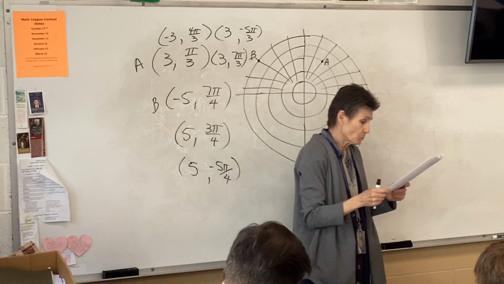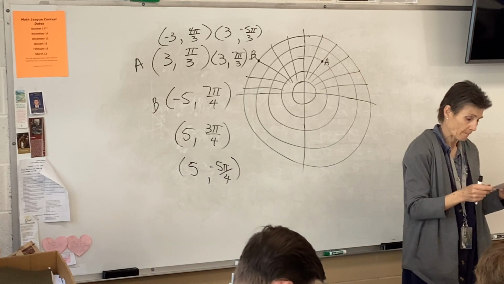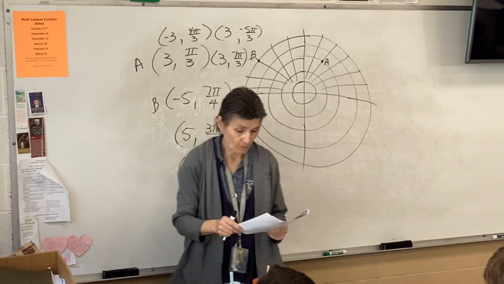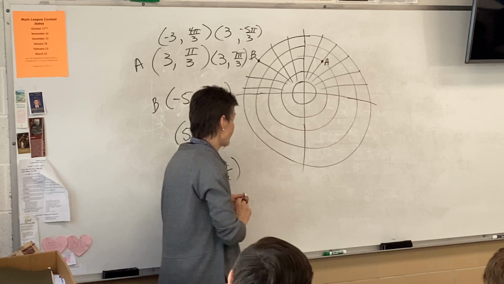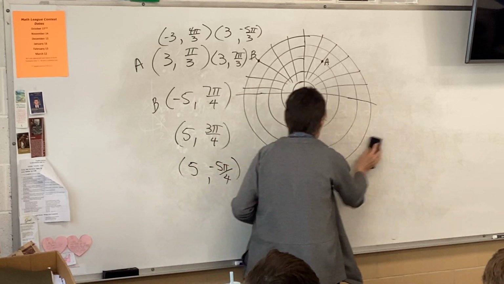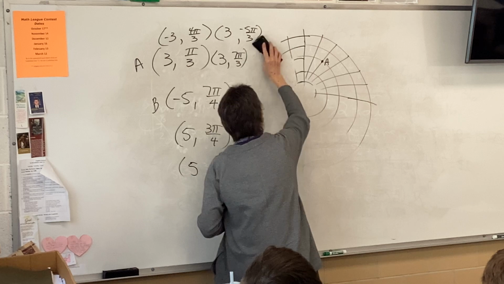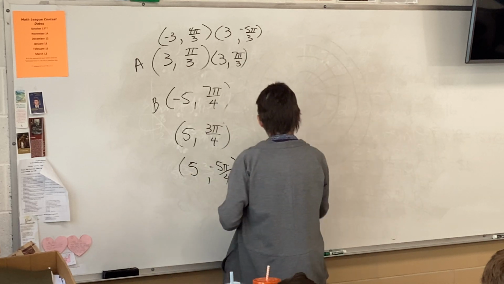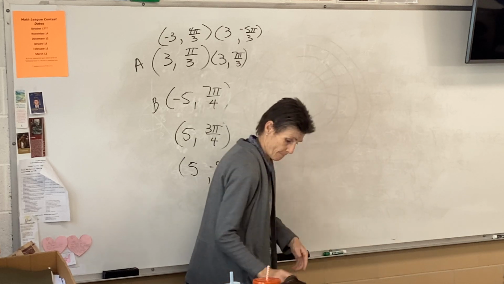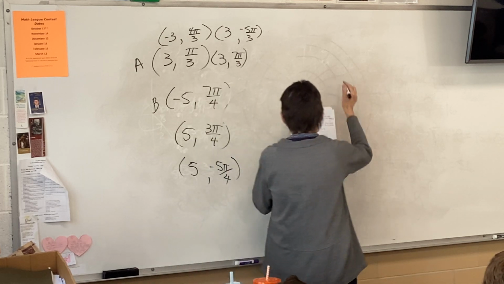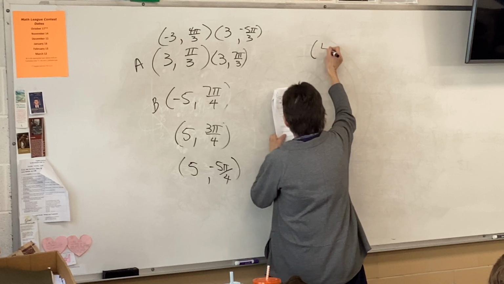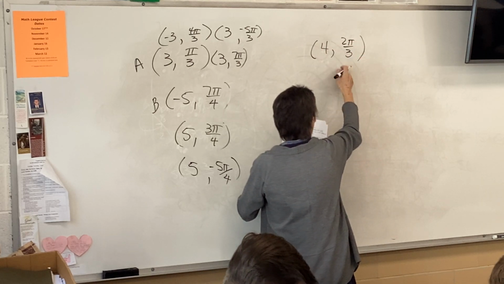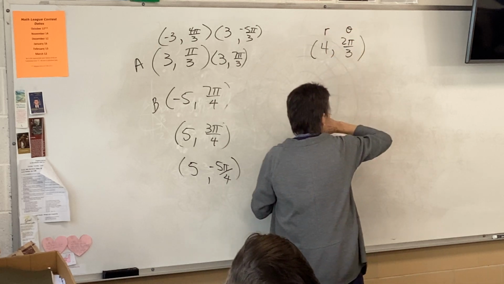All right, do 3 and 4. Converting from polar to rectangular and rectangular to polar. So you can remember how to do that. Talk to each other. Remember, if it's polar, it's an r and a theta.